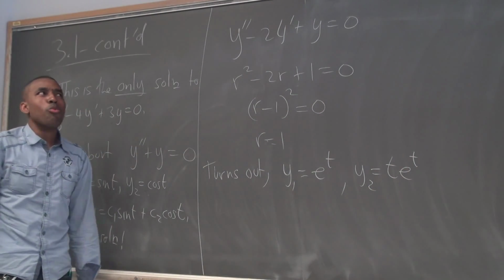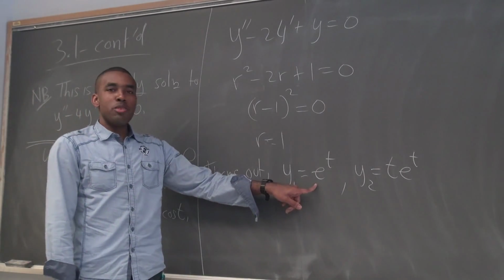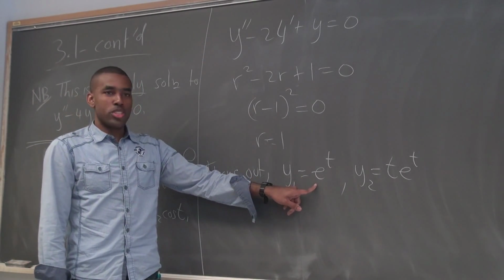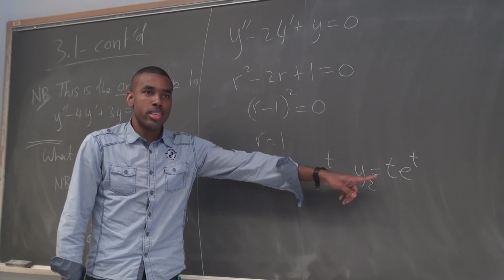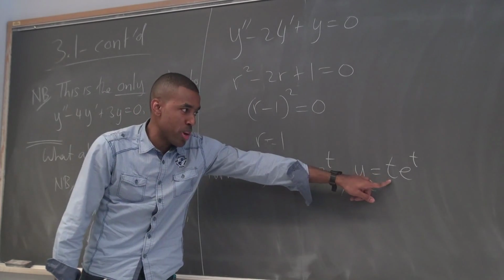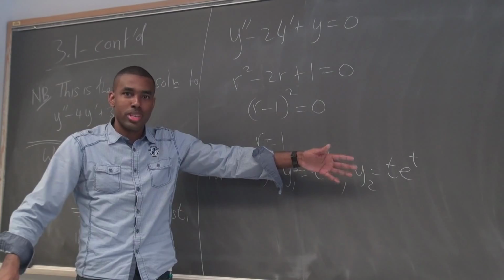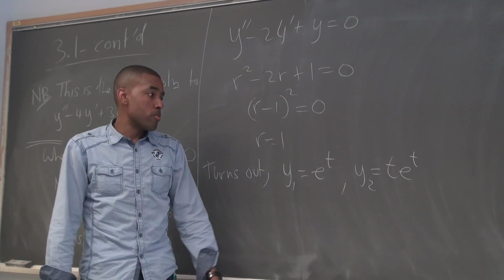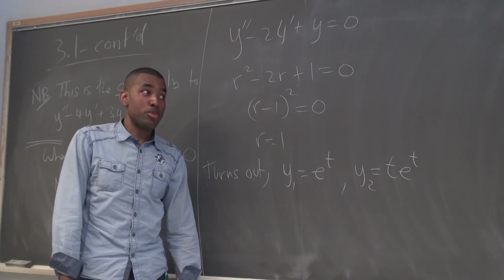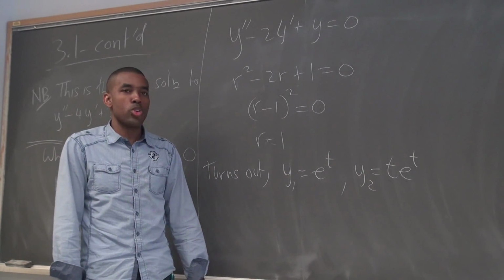And then you might say, why multiply by t? Well, intuitively, in the same way that this guy is similar to its derivatives, so is t e to the t. You take the derivative of this, you get something that's a first degree polynomial times e to the t. Its derivative is also a first degree polynomial times e to the t. But later on, we'll see a method that will tell you why you always multiply by t. It turns out this is something you always do.